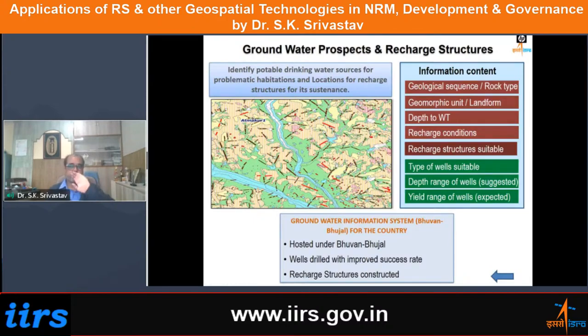On the left side, the map shown here is the groundwater prospects map, and there are different symbols shown on the map, different colors with different hatching patterns. The color represents the prospects of the groundwater in terms of what kind of wells are suitable in a particular area, what kind of well yields are possible in a given area, and also what should be the depth range of the wells which should be drilled in a particular area.